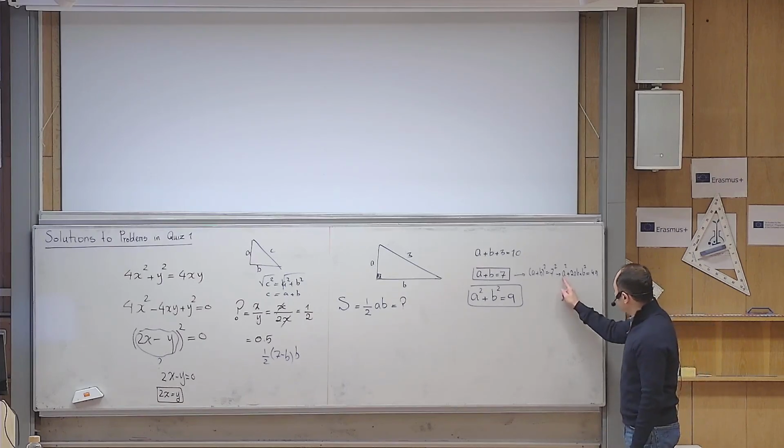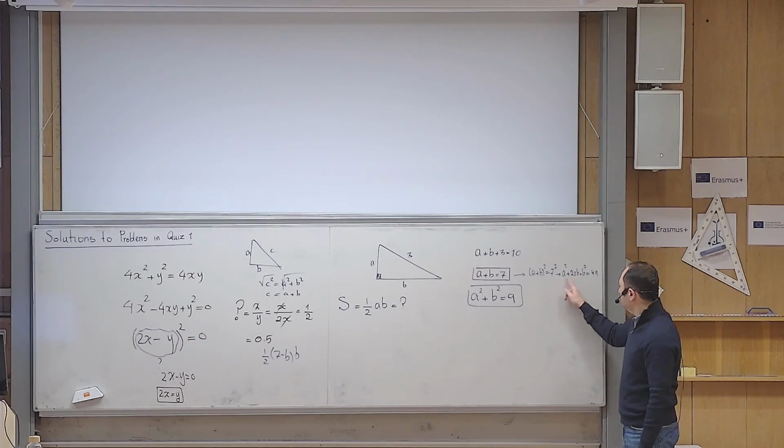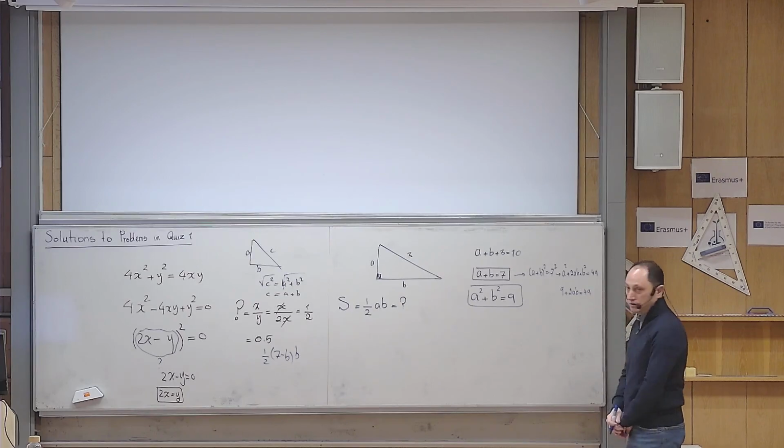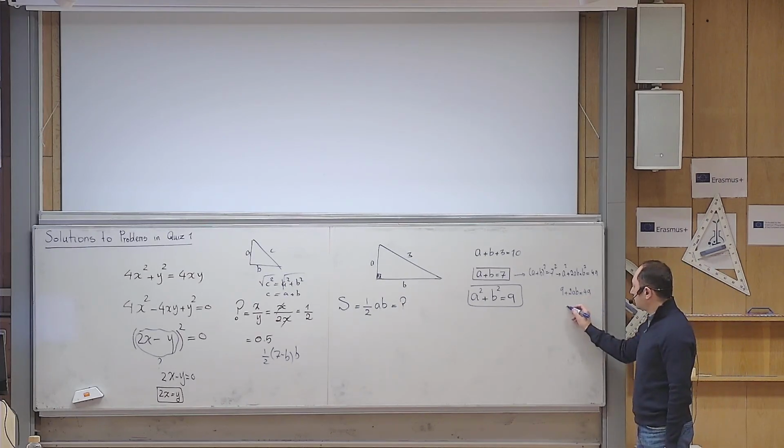Okay, but A squared and B squared added, I know something about them. What is that? This one is 9. So I write 9 plus 2AB is 49. Is that right? Yes. And then move 9 to the other side. So 2AB becomes 40.